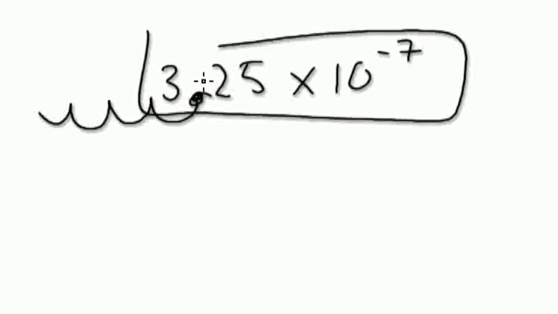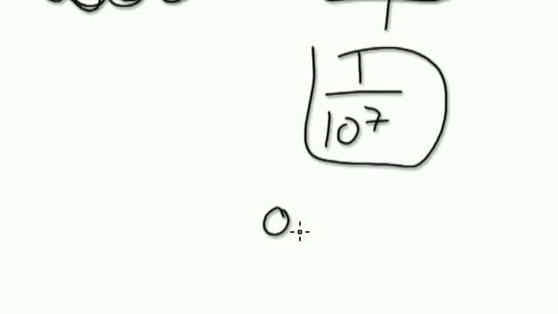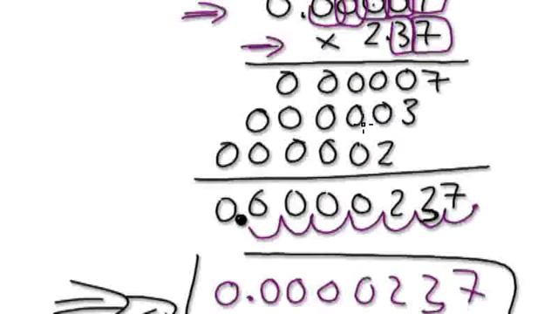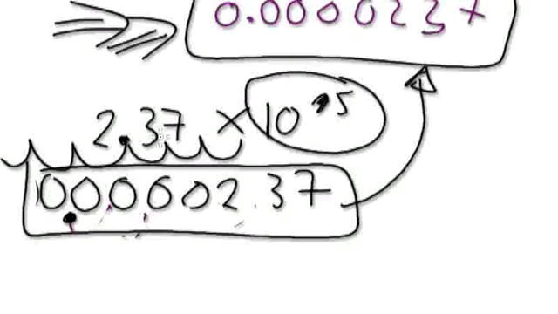If you have the question of why we can move it 7 places to the left, do it by hand. Turn this into 1 over 10 to the power of 7, and then this turns into 0.1 and so on, and then do what we did at the top here, and follow all the way through, and it turns out that you can just move the decimal place whatever places to the left. Okay.